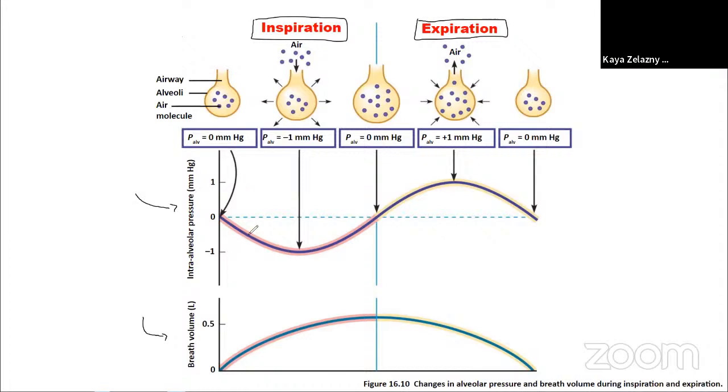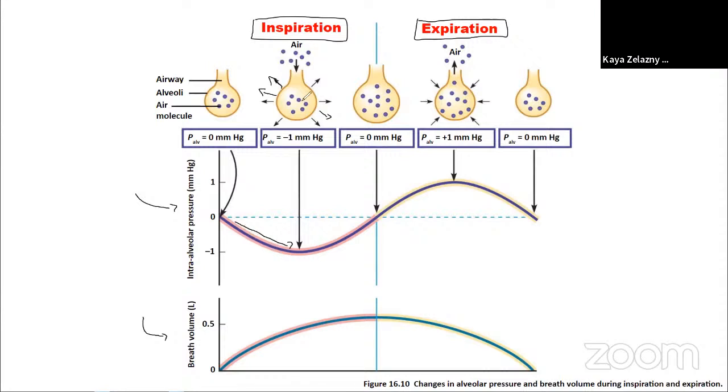In order to breathe in, we need to decrease that intraalveolar pressure. And as we do that, our alveoli are expanding, right? That's how we are decreasing the pressure. We're making them bigger, and this is dropping that pressure down, pulling air towards it.